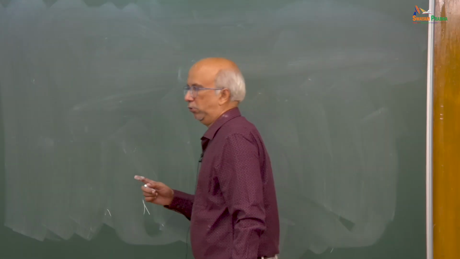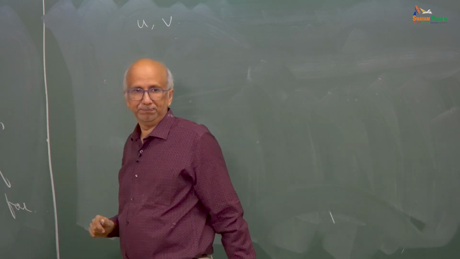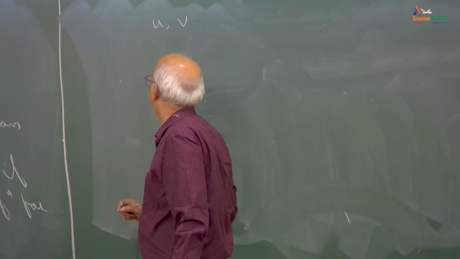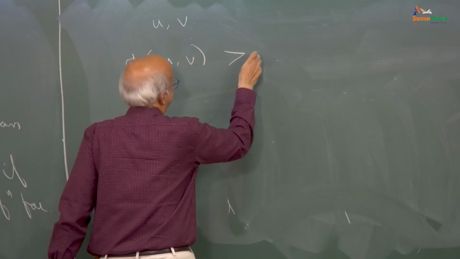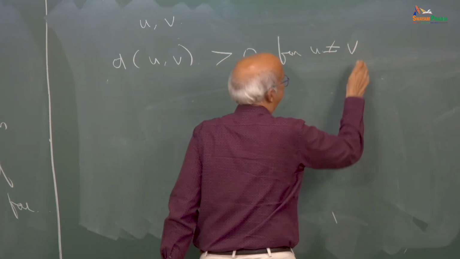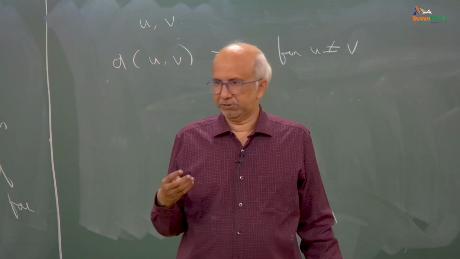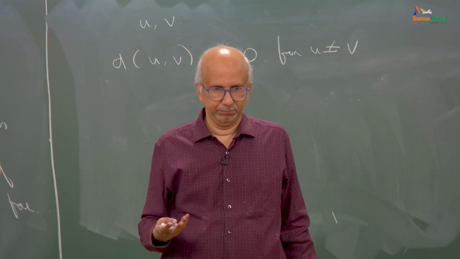Since we talk about two vectors, we need two vectors first of all. Say u and v are two vectors, okay, and we expect the distance between u and v to be greater than 0 for u not equal to v. You are talking about the distance between Chennai and Calcutta or Calcutta and Chennai, the distance is the same, okay.